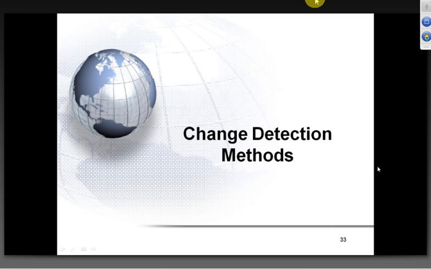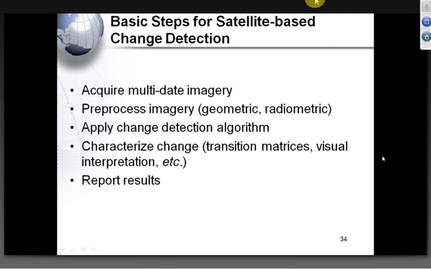Now, change detection methods. What are the change detection methods we can study for a particular change detection technique? So what are the basic steps for satellite-based change detection? First of all, acquire multi-date imagery. Obtaining multi-date imagery means there are two things in case of images: one is bitemporal and the other is multitemporal.